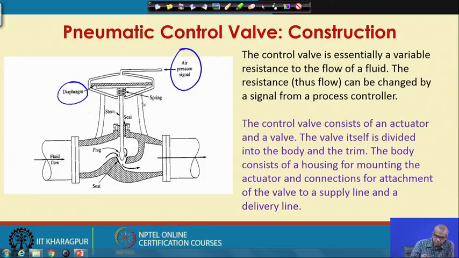With the diaphragm, a stem is attached with the help of a spring. The other end of the stem is a plug which can sit on the valve seat.